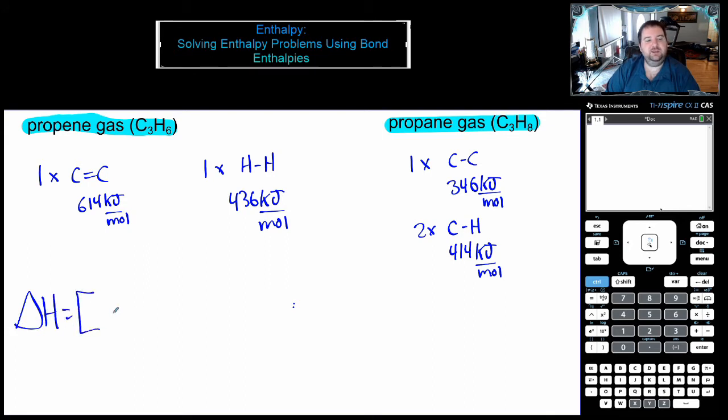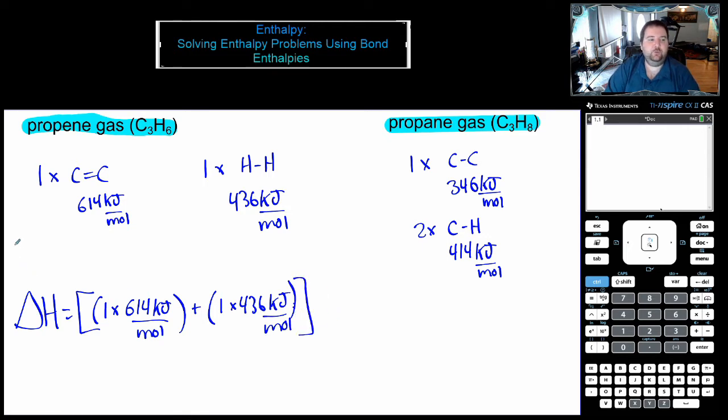And so delta H is going to be equal to the sum of the bonds that need to be broken. So that's 1 carbon-carbon double bond, which is 614 kilojoules per mole, and 1 hydrogen-hydrogen bond, which of course is 436 kilojoules per mole.